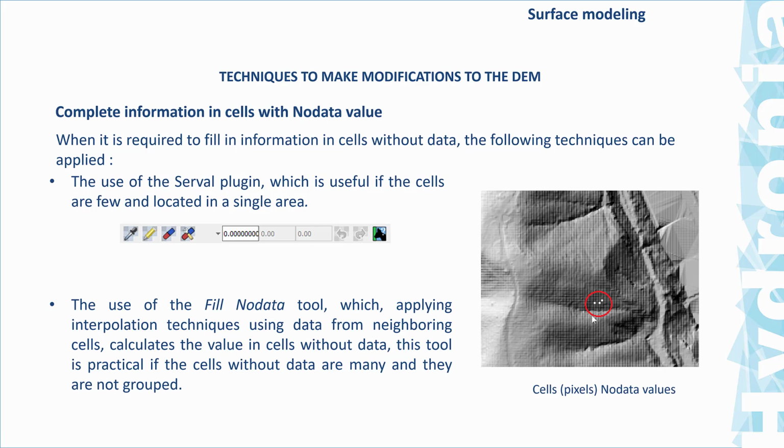When you don't have data for some reason, maybe the LiDAR failed or the processing failed, and you get pixels where you don't have data, you have a fill no data tool in QGIS that you can use to interpolate elevations at these missing data points so that you will complete the information in an approximate way on the raster.